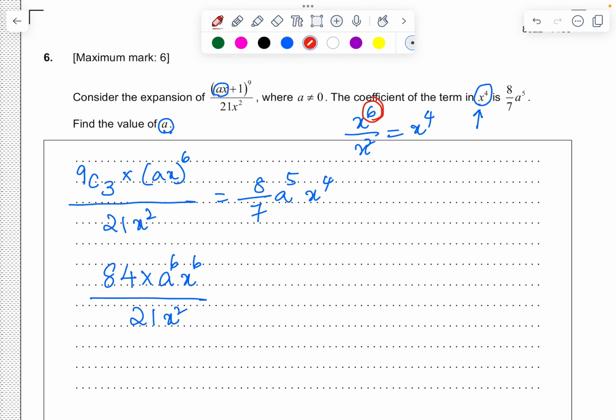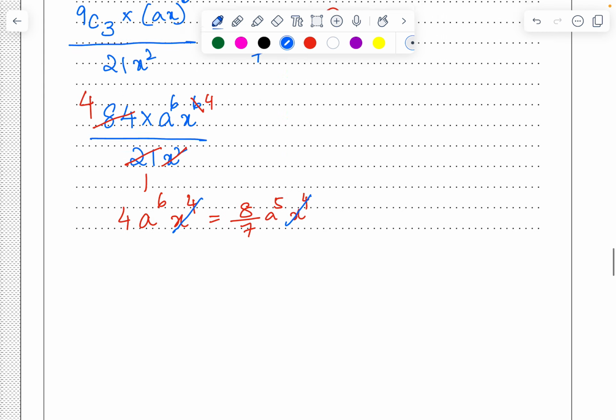Now you see x power 2, and this becomes x power 4. Then 21 times 1, 21 times 4, so this gives us 4a power 6, x power 4 is equal to 8 over 7 a power 5, x power 4. So I can basically cancel x power 4.